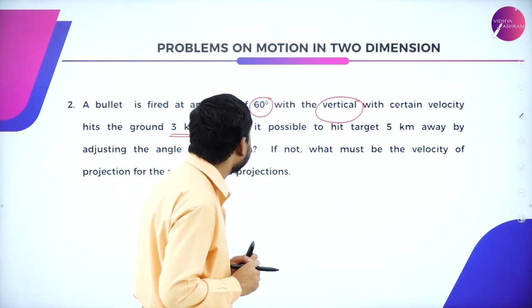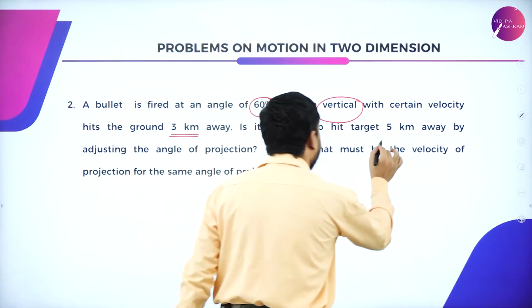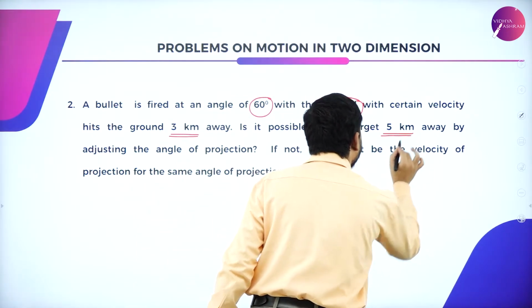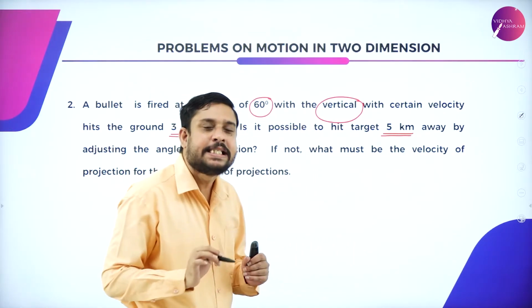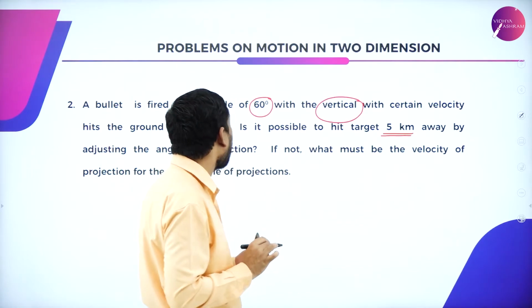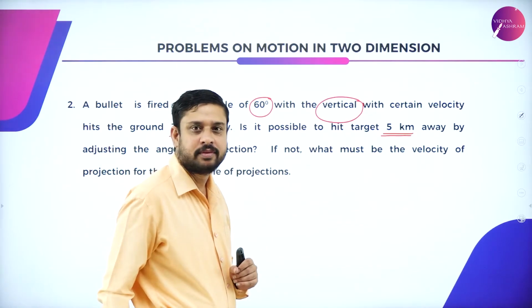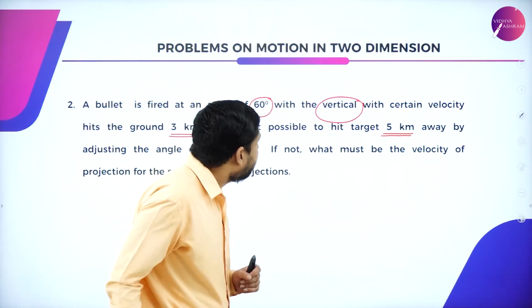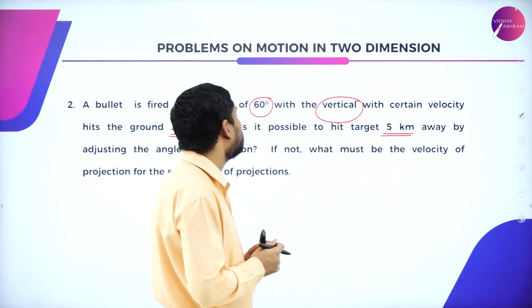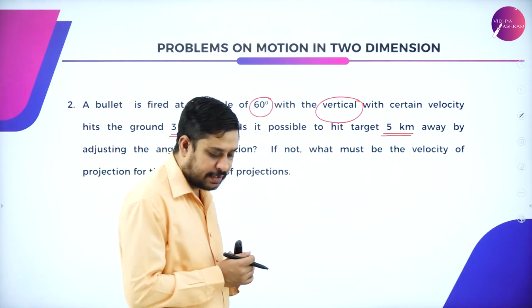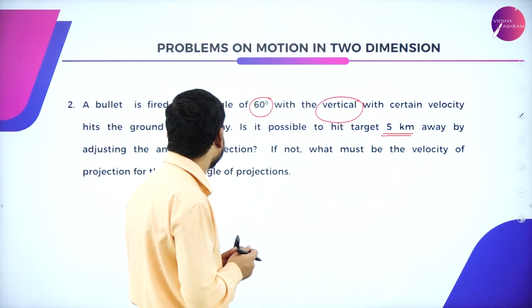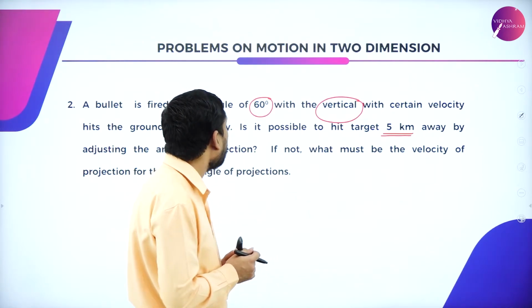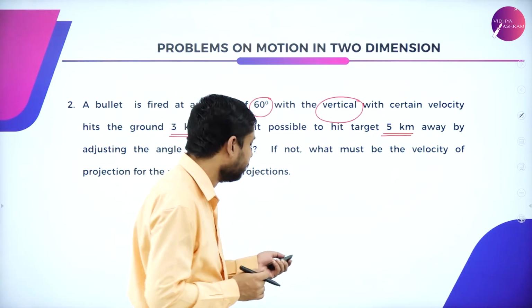Is it possible to hit the target 5 kilometers away by adjusting the angle of projection? If not, what must be the velocity of projection for the same angle of projection?